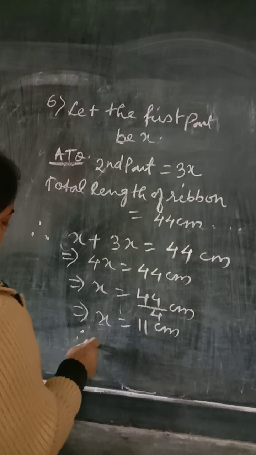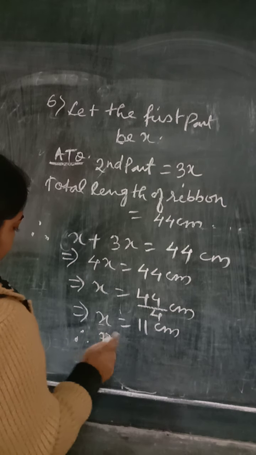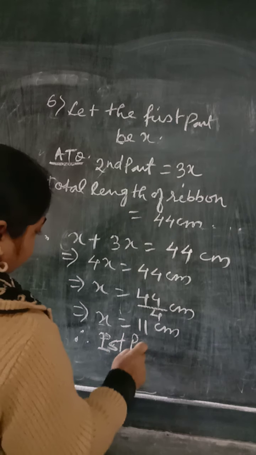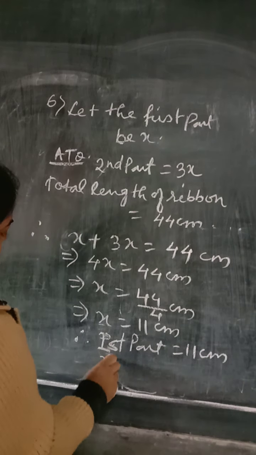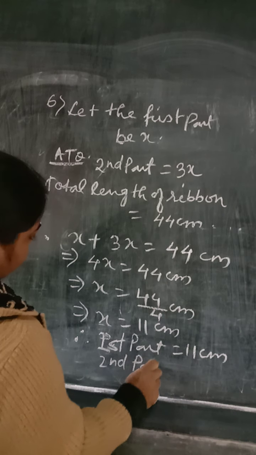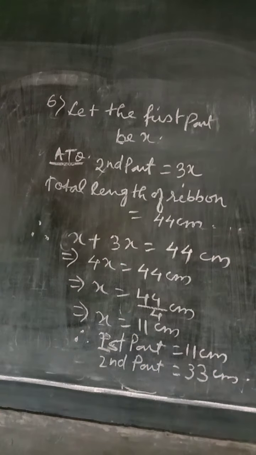That's the first part, 11 centimeter, and the second part is 33 centimeter. So we have both the parts of the ribbon.